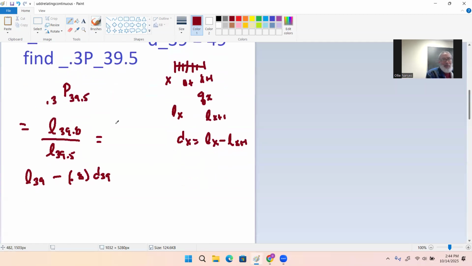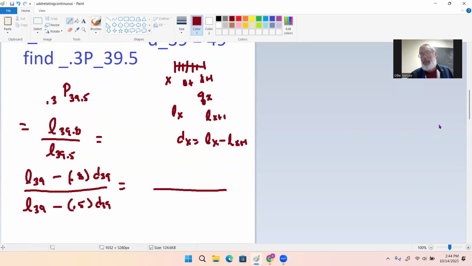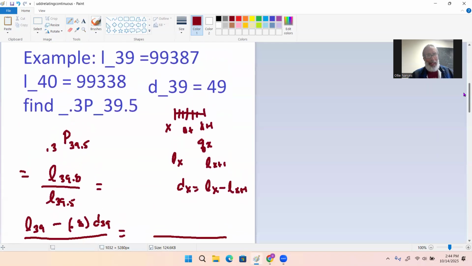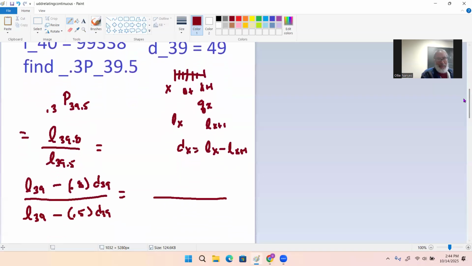But the denominator, remember, we're starting at 39.5. So you start at lives at 39 and you go half the distance. And using these hypothetical numbers here, which are not that far off, it's 99387.